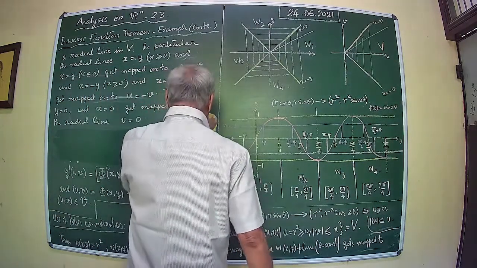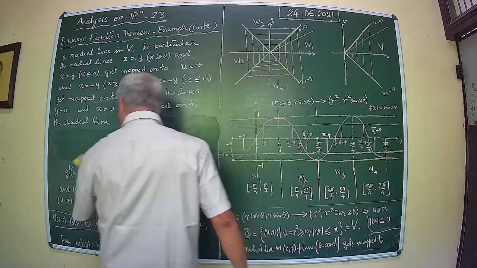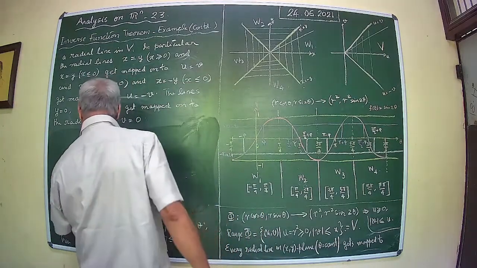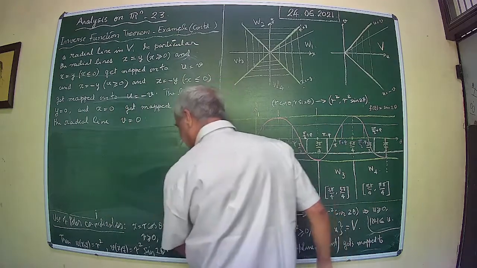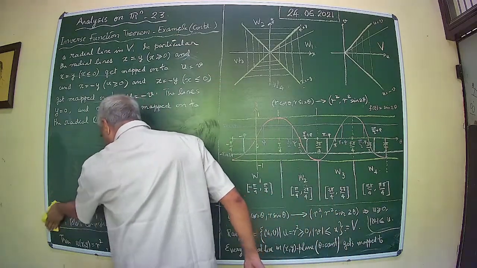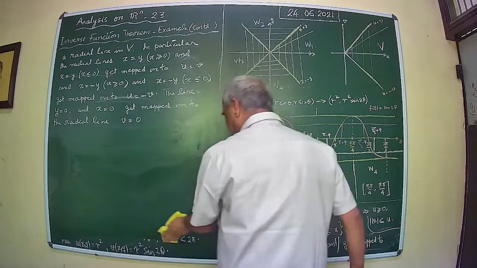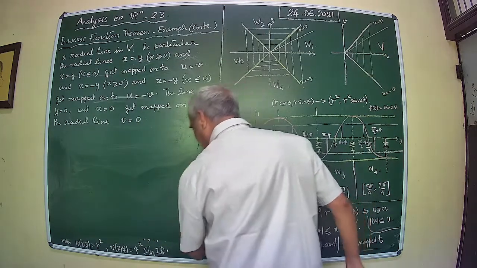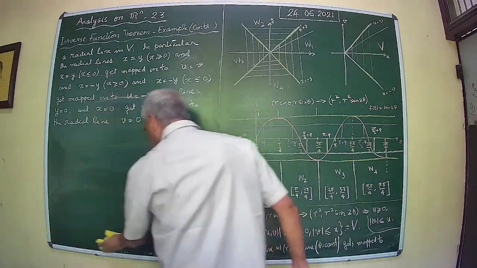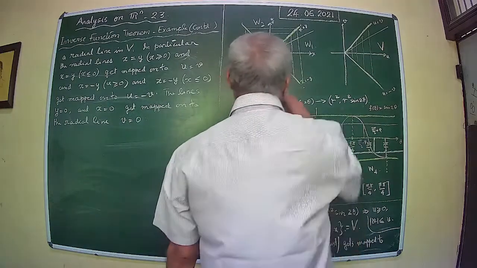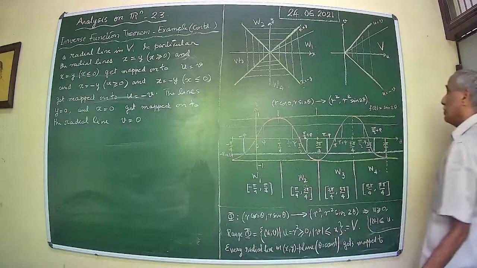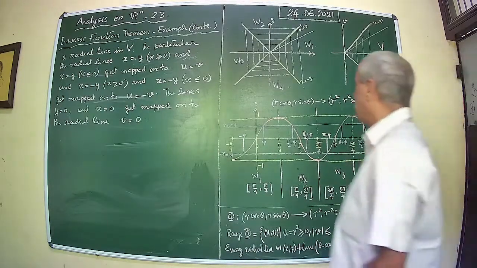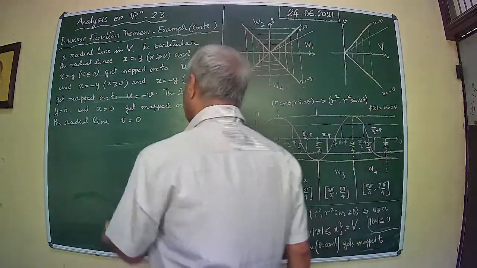So in fact, we have finer information about this map. This is the important thing. We know exactly how these maps take place. And on all these radial lines, the map from the corresponding radial line in the domain space to the corresponding radial line in V is 1 to 1.